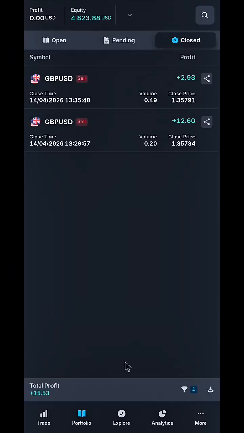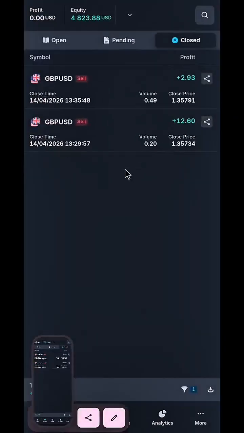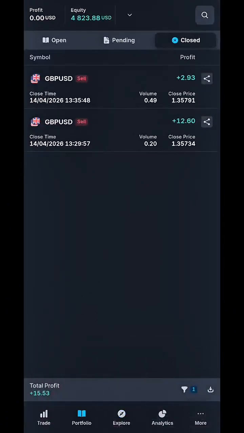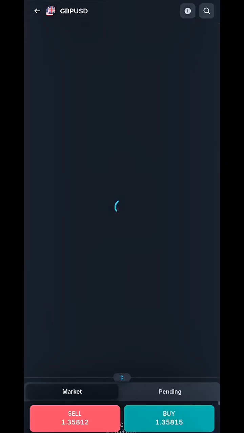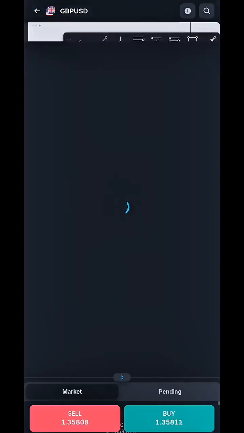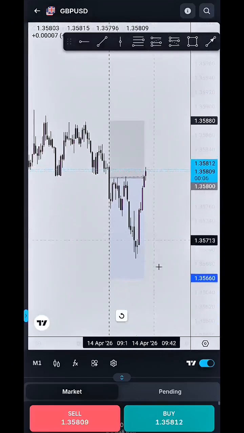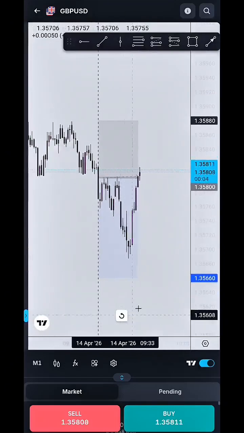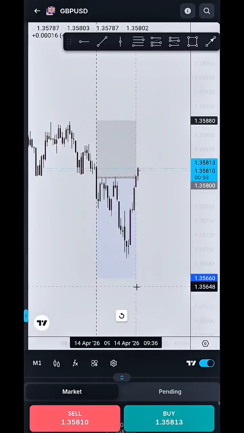And this was it. So that is it for today. I don't think I did manage well this trade because I overstayed my welcome just once again.